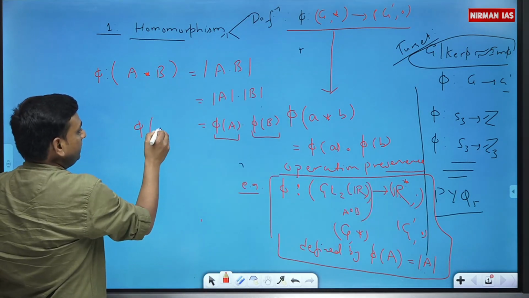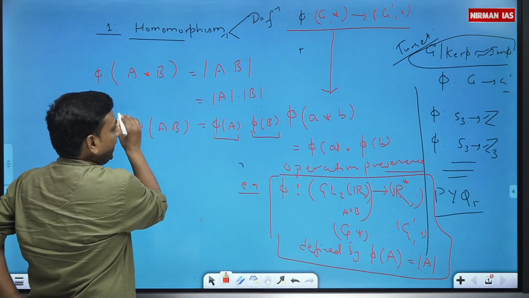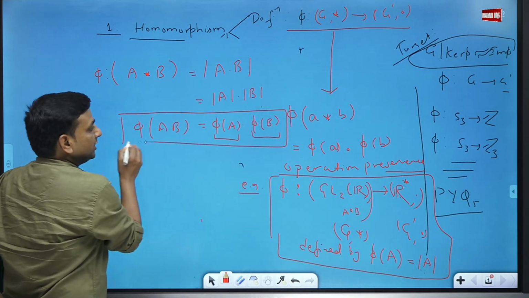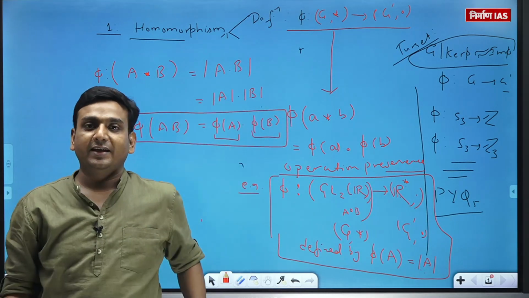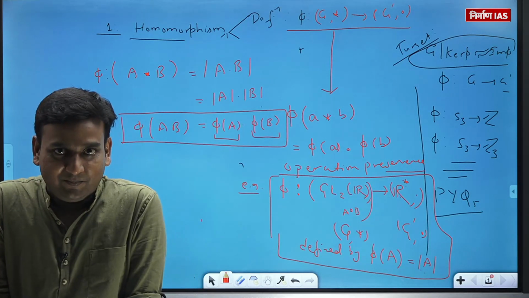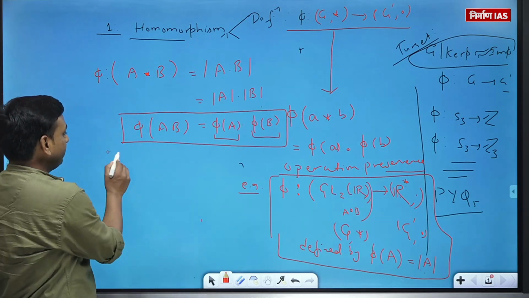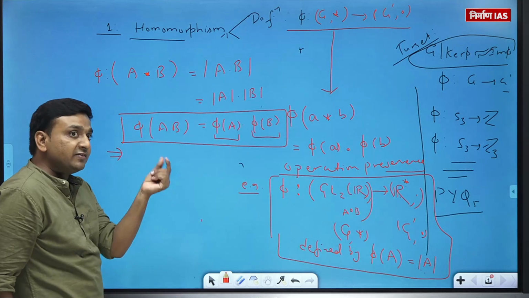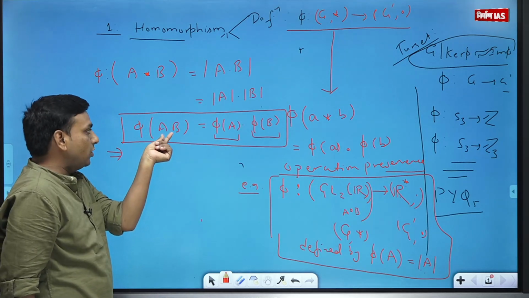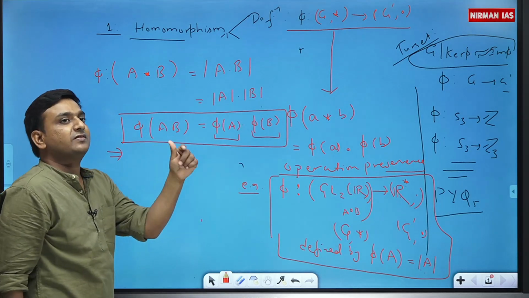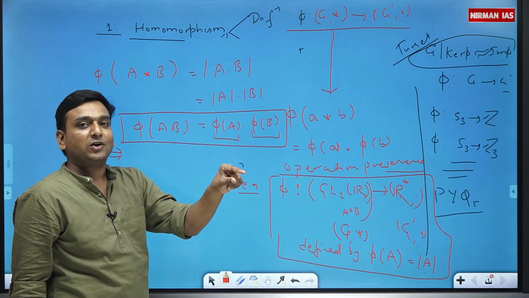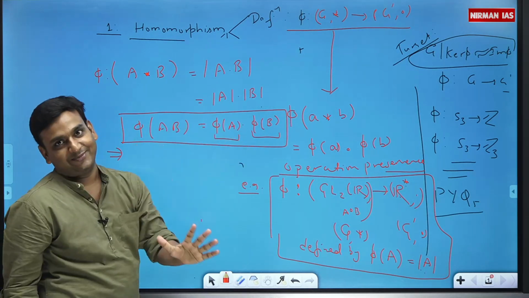So what you have shown here is that phi of A multiplied by B is nothing but phi of A into phi of B. What does it show? The image of the product of two elements is the same as the product of the images of those elements.